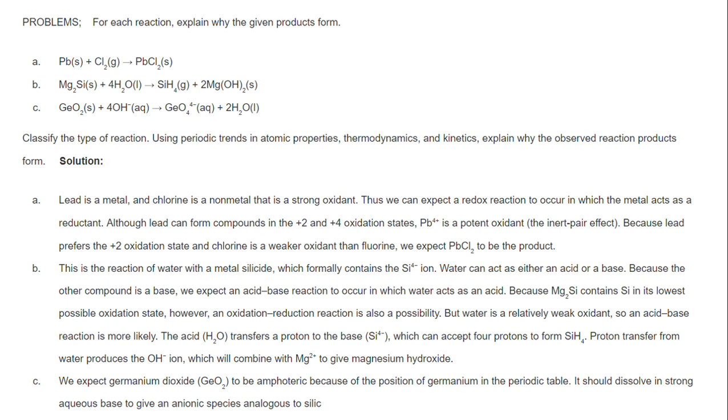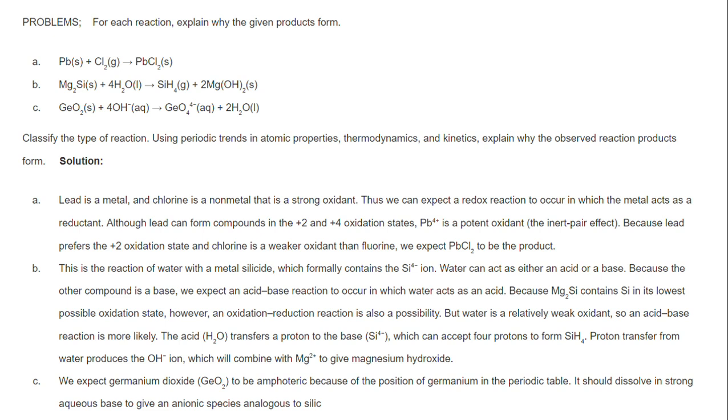The acid here can be considered as H2O. It transfers the proton to the base Si4-, which can accept 4 protons to form SiH4. Proton transfer from water produces OH- ion, which will combine with magnesium 2+ ion to give magnesium hydroxide. This is the explanation for the products formed, that is silicon hydride and magnesium hydroxide.